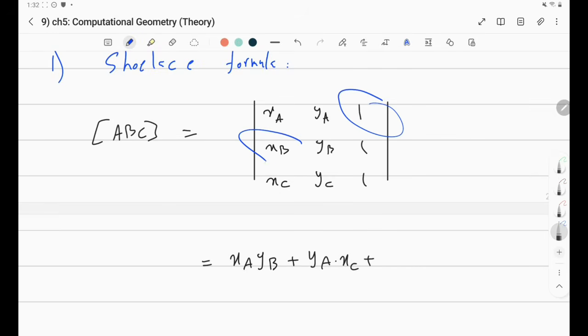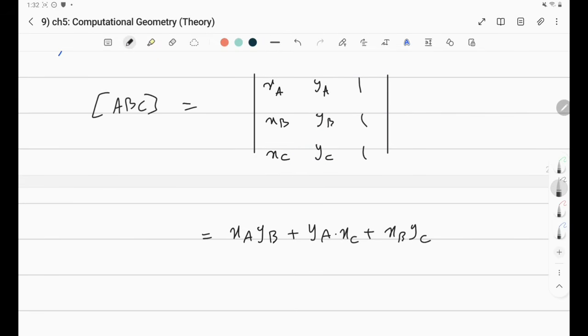So this next one is xb yc. Now, okay, we're done with this, because now we're going to get back to this. So now what do we do? Now we say minus and open parentheses, and we go the opposite way. Right now we're doing it like this. Now we go like this.